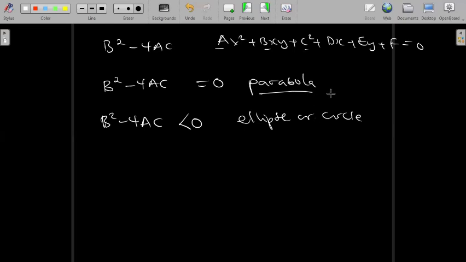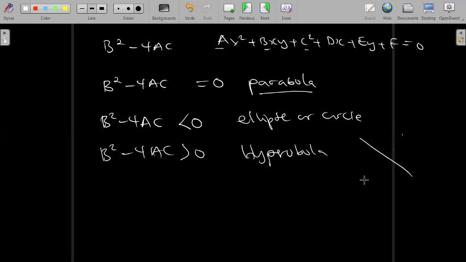If it gave us something else, we would have known our working is wrong and we have to revisit our work. Lastly, if b squared minus 4ac is greater than 0, then you know this is going to be a hyperbola. Not a hyperbola, it's going to just be lines that intersect, lines that cross like this. So this is what you get.